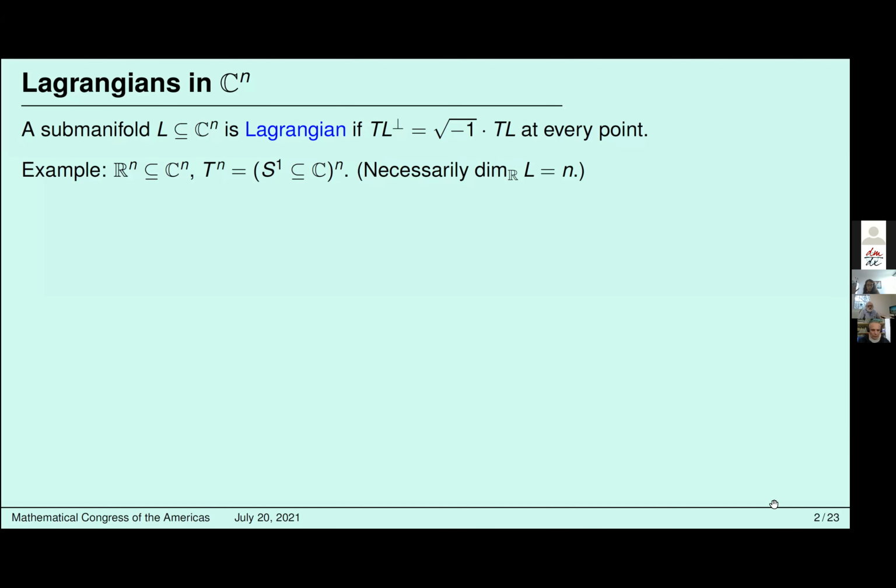And notice this is a metric condition. It's not just a condition on the complex structure, because I'm asking for orthogonality, not simply that it's linearly independent. So it's a closed condition.